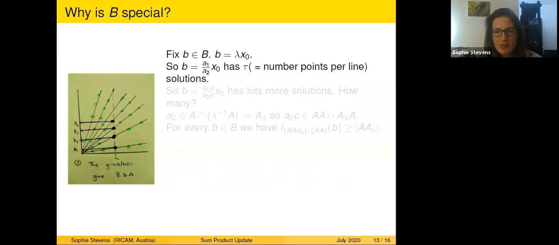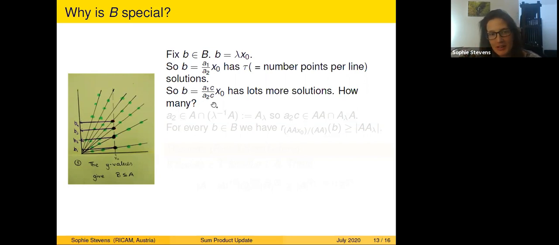We can play our favourite mathematician trick of multiplying by 1. And we can bootstrap this argument to get that b equals a1c over a2c times x0. We've got even more solutions. And I'm going to be a little bit particular, and insist that the element c that I've arbitrarily multiplied by 1 with lives inside my set A, so the big set.